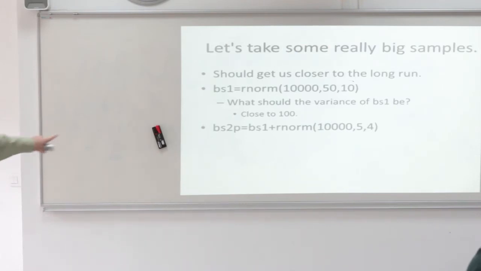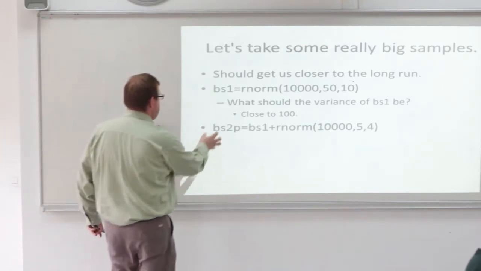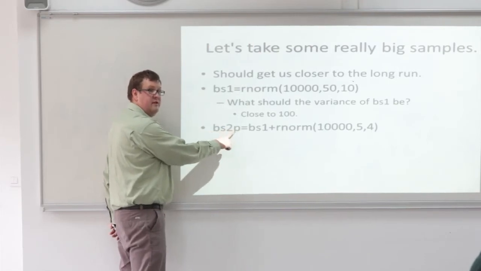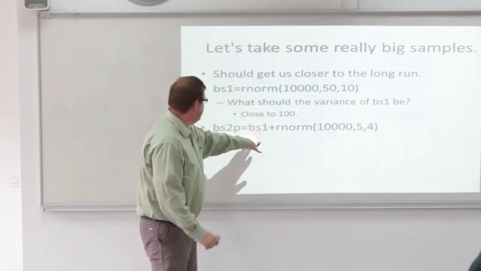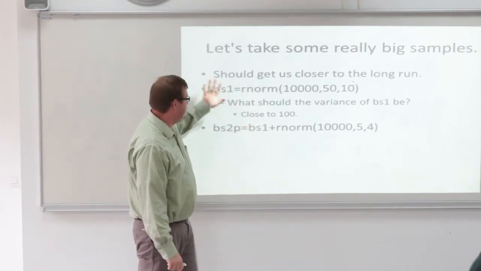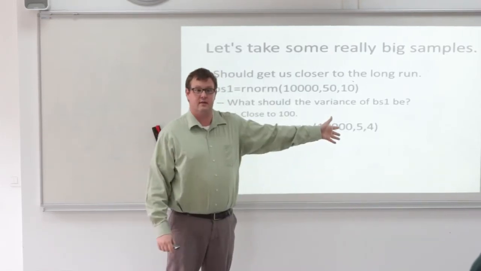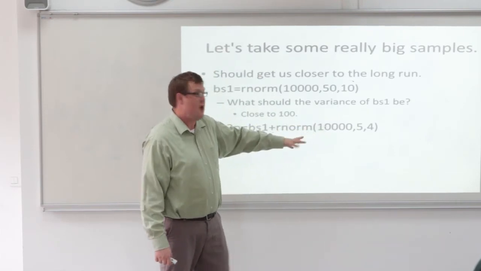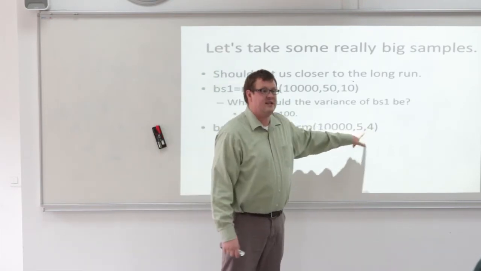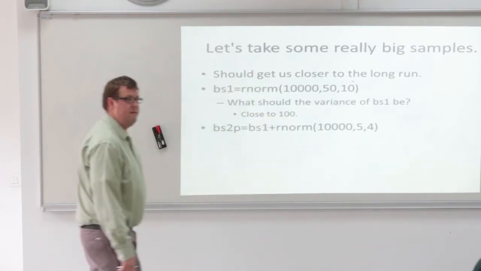All right, so our BS2P, this is our big sample 2 that's paired, is BS1, just these scores plus some differences. Now here I have 10,000 differences as opposed to 12 differences, but same mean and standard deviation for the differences, right?